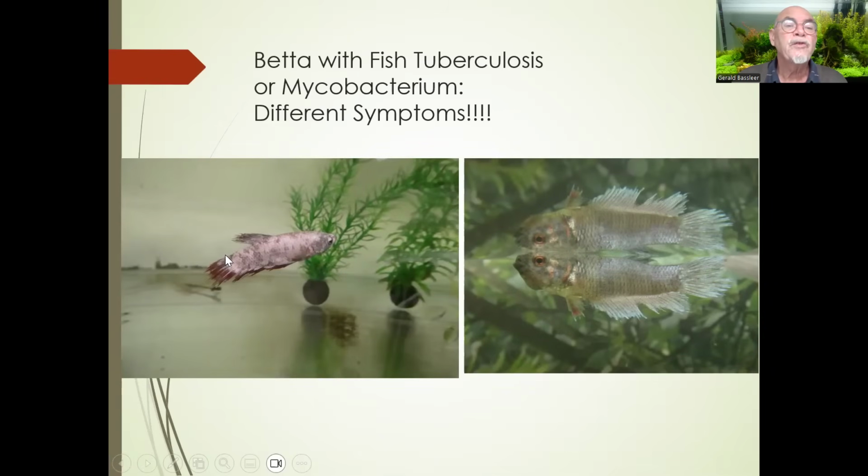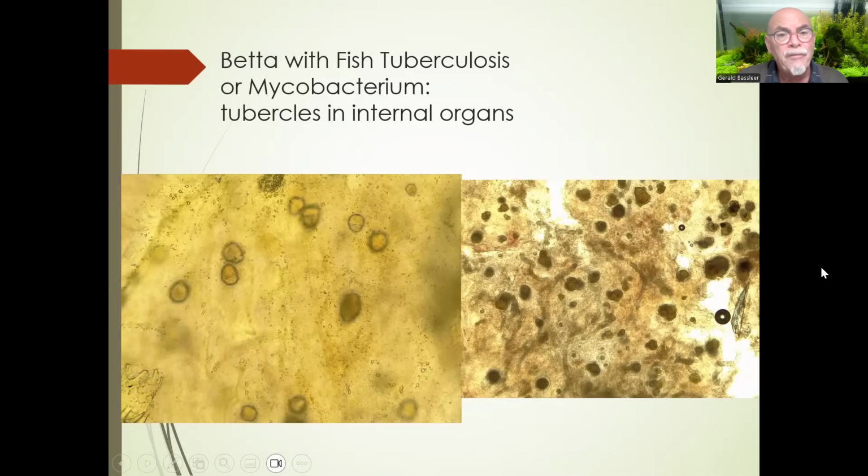Or here on the left, the skinny fish wasting away, or a fish with seriously damaged fins hanging at the surface. So many different symptoms. But the thing we found typically when you do an examination with the microscope, and you examine the organs, we found tubercles internally in the organs, here in the liver and on the right in the kidney.